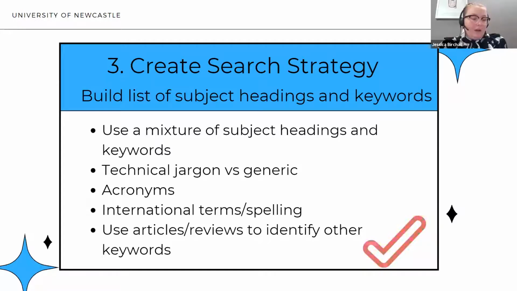If you're having trouble coming up with some terms, if you've done some general searching in that area and you've noticed particular subject headings or keywords that have been coming up across multiple databases, if you've already got some articles that people have given to you, or that you've found that you want to include in the review, have a look at the subject terms and keywords that are used in the title or the abstract that you could use.